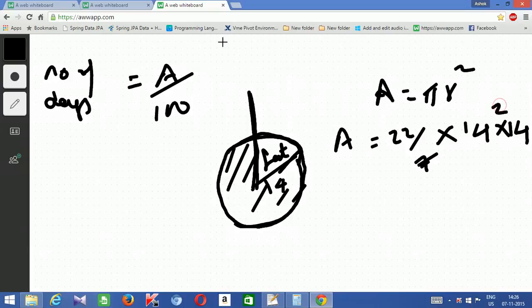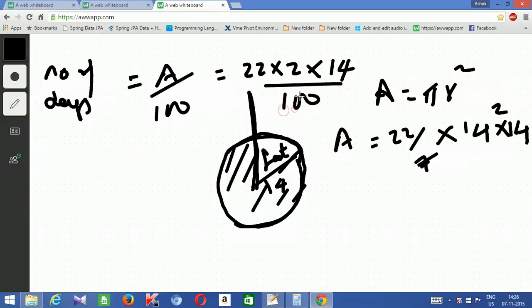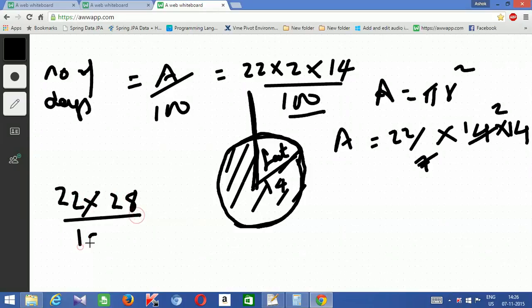I will say that 22 into 2 into 14 divided by 100 will give me the number of days, because 22 into 2 into 14 is the total area the cow can graze. In a single day it can graze 100 square feet, so this will give me the number of days. So 22 into 2 into 14, which is typically 22 into 28 divided by 100.